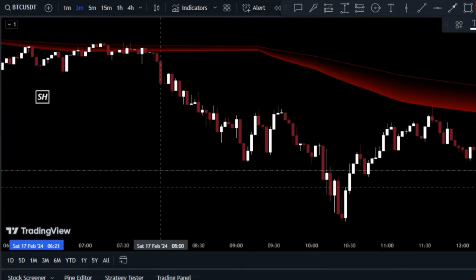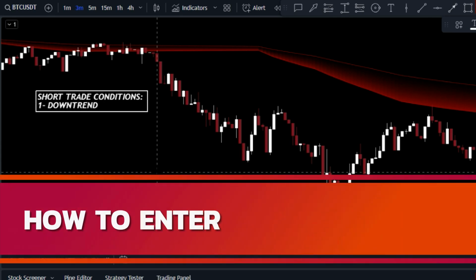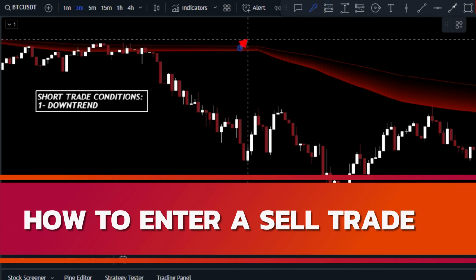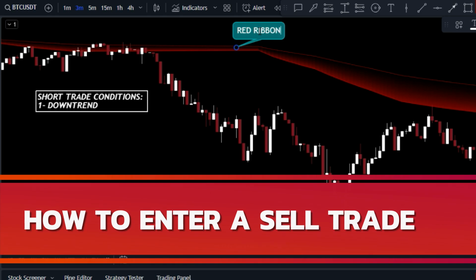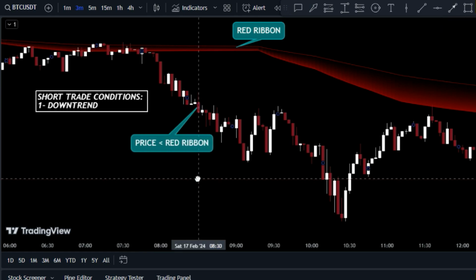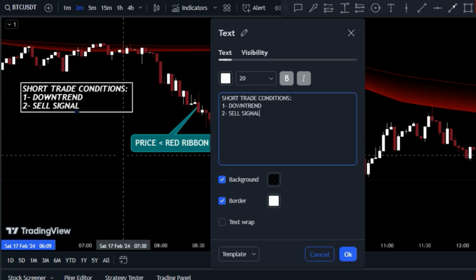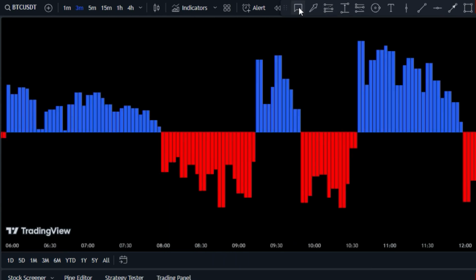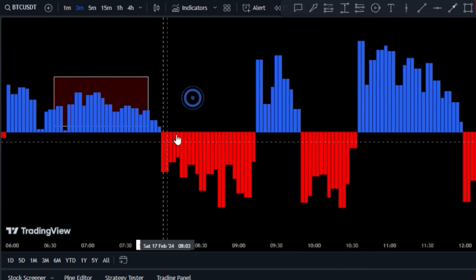And to initiate a sell trade, you should first confirm that the market is in a downward trend. This can be determined when the price falls below the liquidity weighted moving average indicator ribbon. Following this, keep an eye out for a sell signal. This is when a red bar appears below the midline after a series of blue histogram bars.